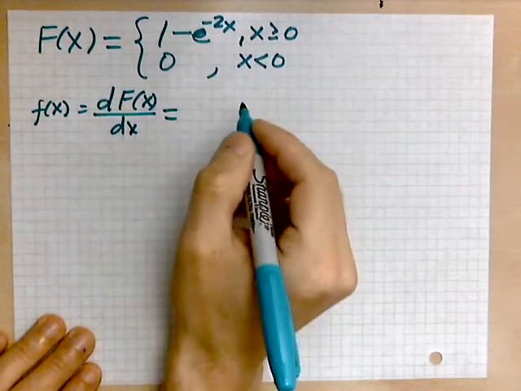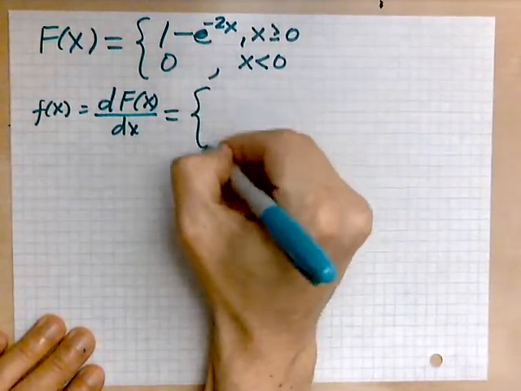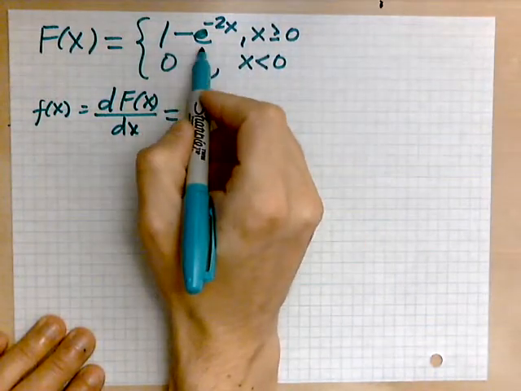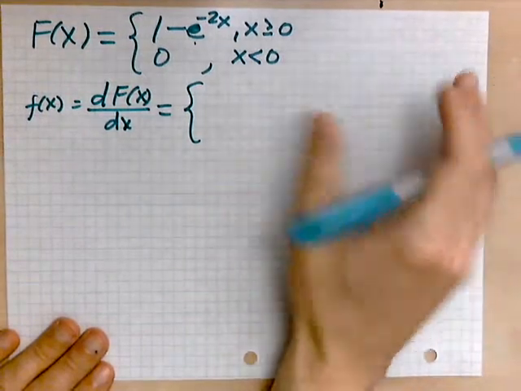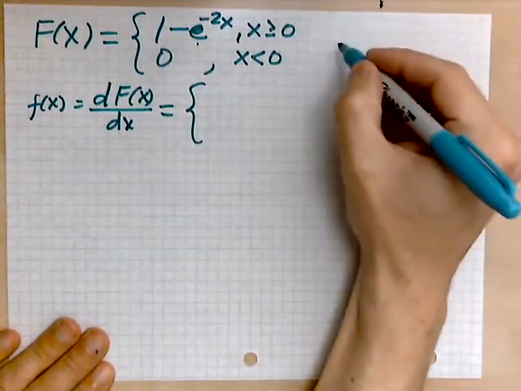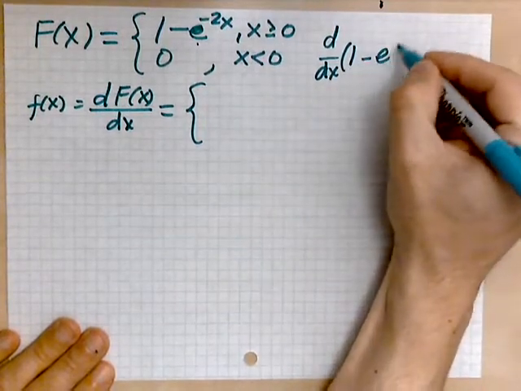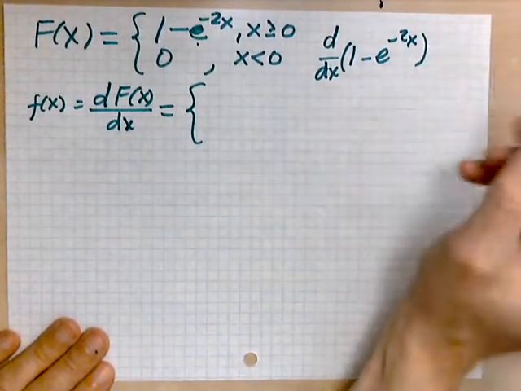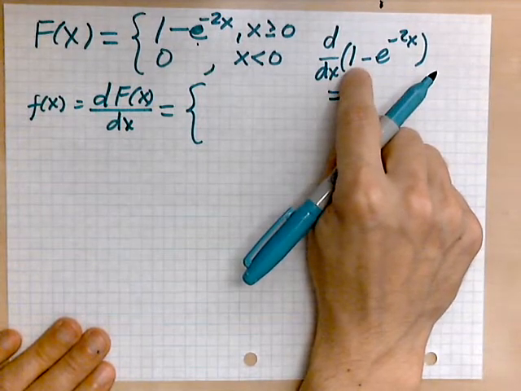So in our case, what we have is the derivative of 1 minus e to the negative 2x. I'm going to do that on the side. 1 minus e to the negative 2x. Well, the derivative of 1 is 0. That's constant, so it goes away.